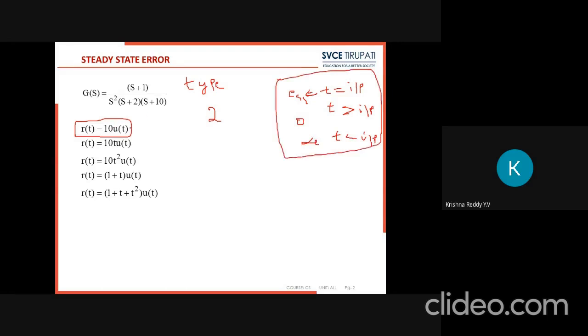What is the input? It is 10 into t power 0 into u of t, where the type is 2 and the input is 0. When the type is greater than the input, during this case, what is the steady state error? Anyone can respond.